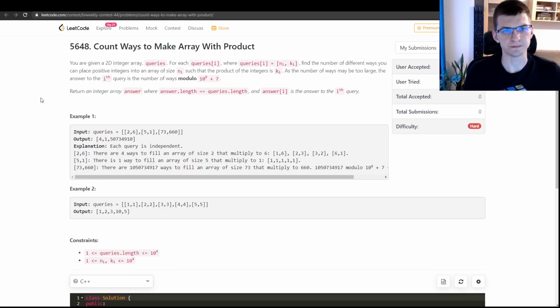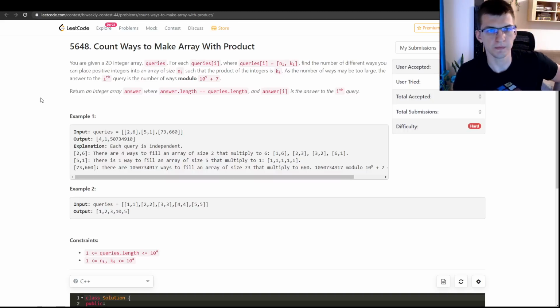And the last problem. At least I don't have any wrong submissions so far. Product should be K. So I need to factorize this number.